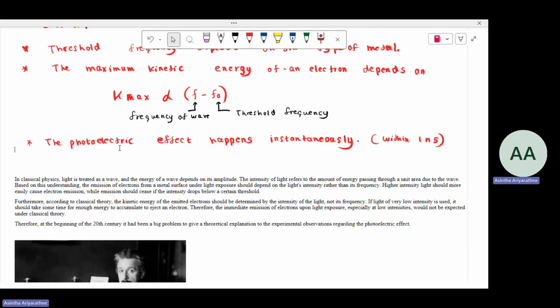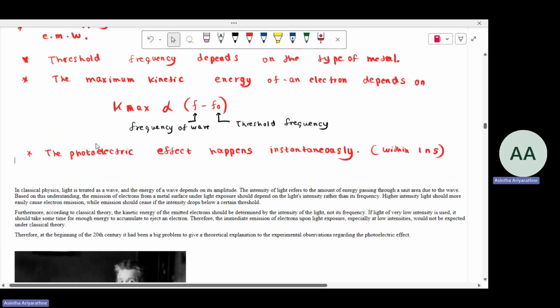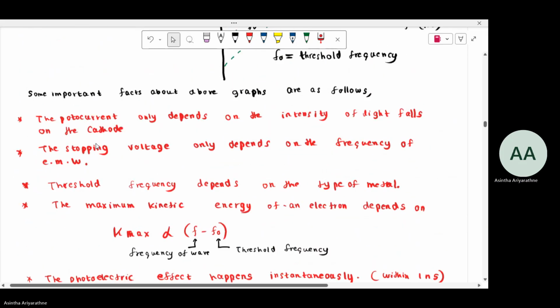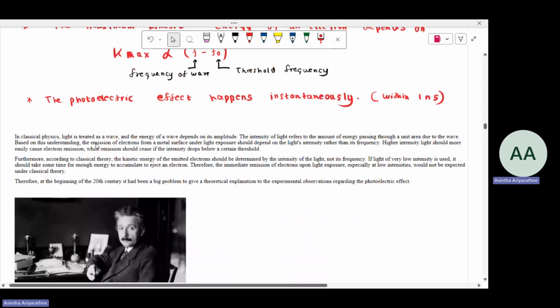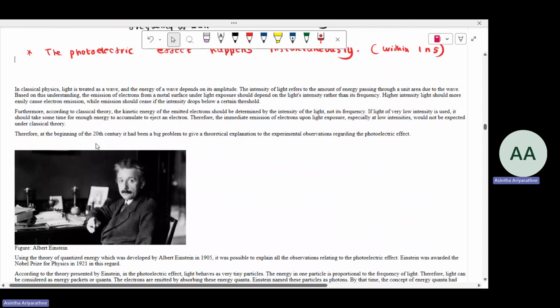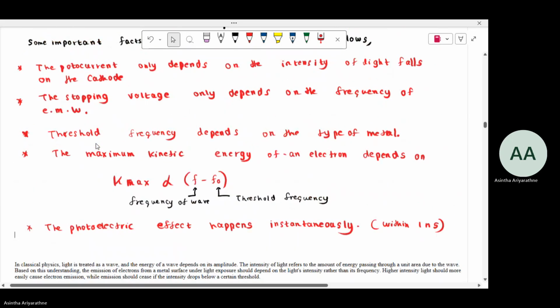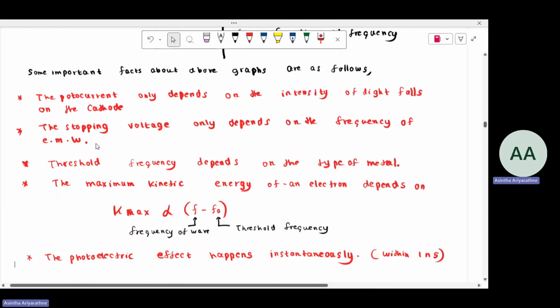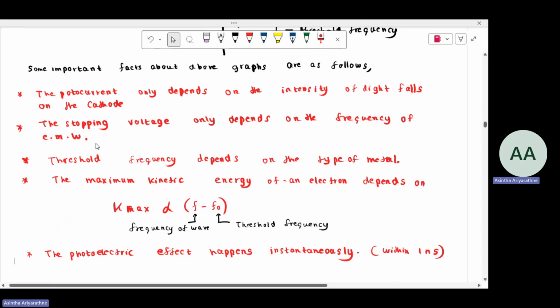But the scientists were unable to explain the photoelectric effect using the properties of waves. Why?